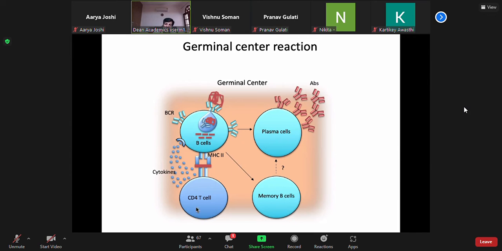But is that clear? Where basically T cells come into the picture for activation of B cells? This process is taking place at a particular site in the secondary lymph node that we call the germinal center. And the process is called germinal center reaction, GCR.